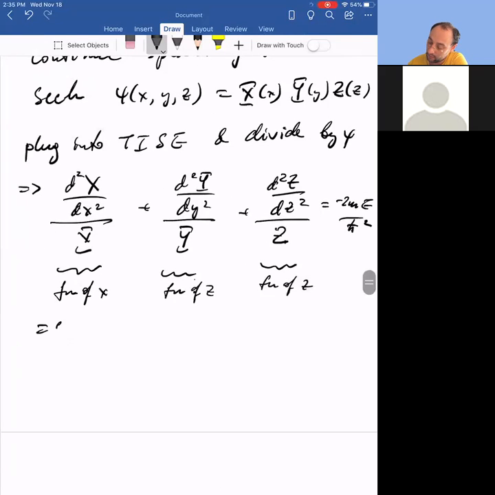And so this is equal to a constant. I'm going to call it kx squared. You know what, let me do this. Let me factor out the minus.